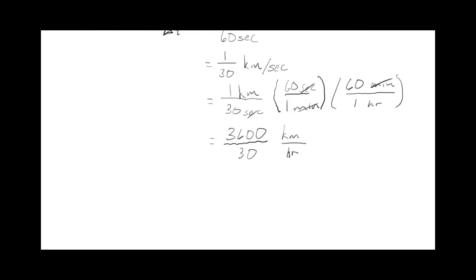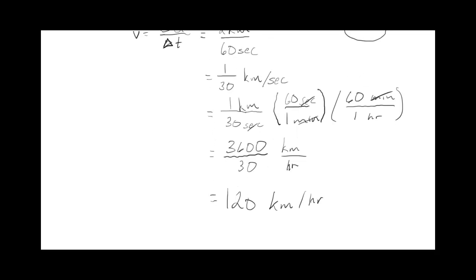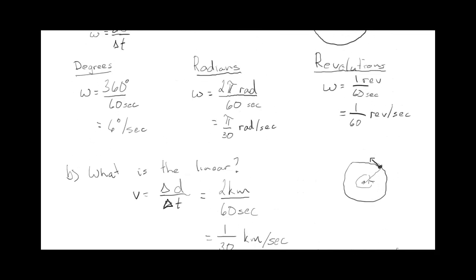Reducing that gives you 120 kilometers per hour. So that's the linear velocity as opposed to the angular velocity.